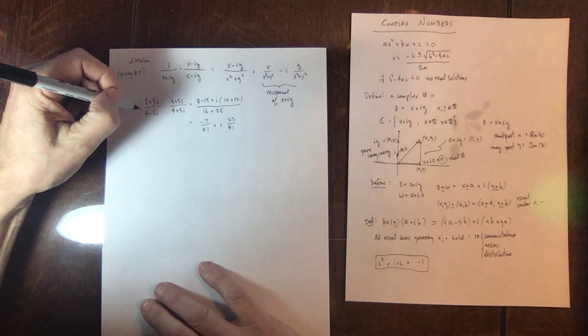So here's theta 1 and r1. And then I have z2 is r2 cos theta 2 plus i r2 sine of theta 2. So there's my theta 2, and there's my r2.